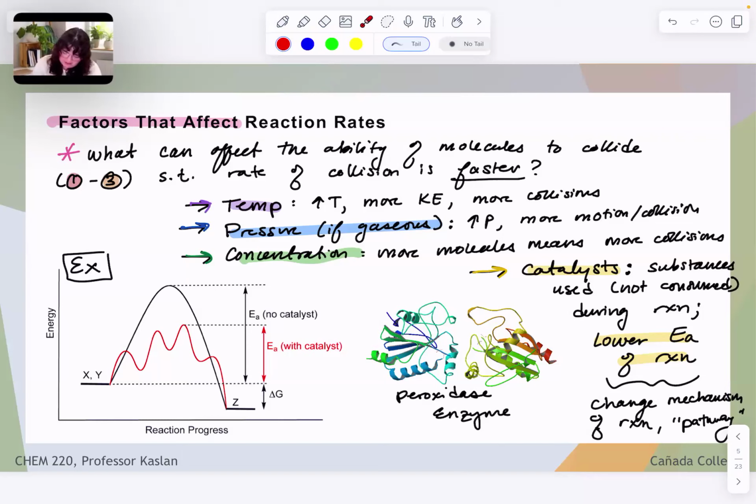So for example, looking at this reaction on the left, where do I want to write this? X plus Y yields Z. Again, we can look at the difference in free energy between reactants and products. So this is exergonic.